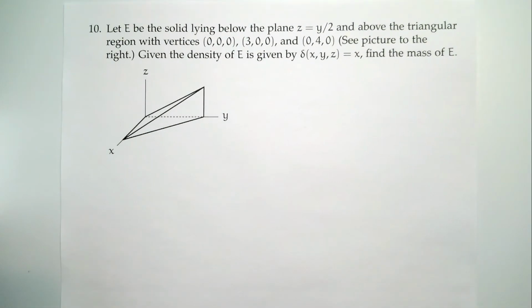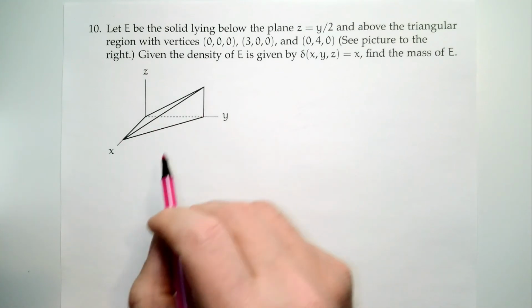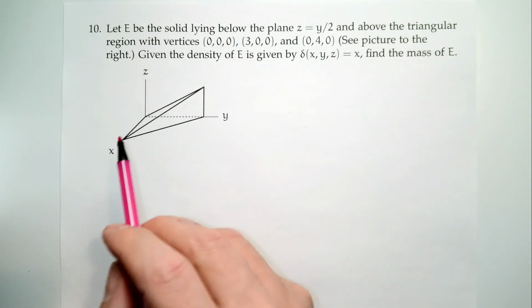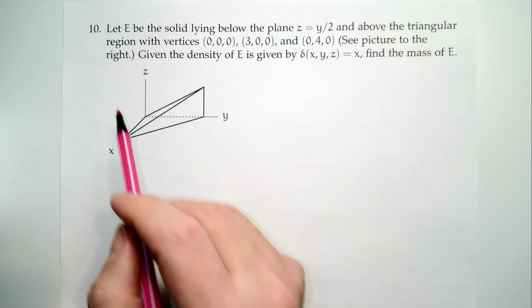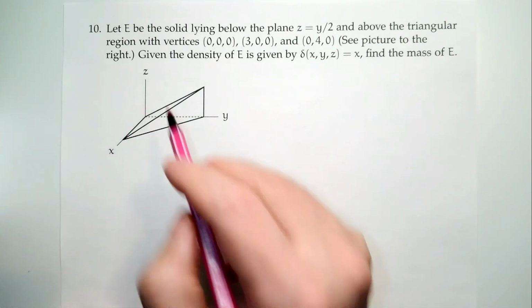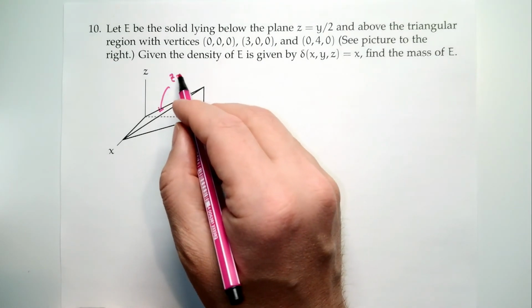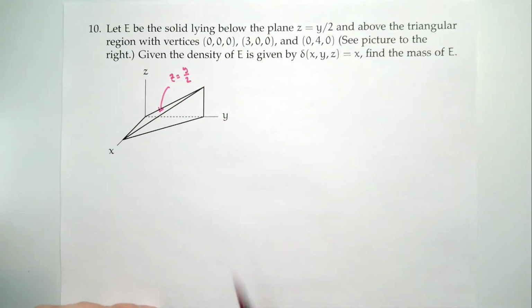Okay, so let E be the solid lying below the plane z equals y over 2. So in case you're wondering where that is in this picture, because this is actually the picture here. And it says to the right, but that's because that's a typo. It really should be see the picture to the below. But okay. So this is z equals y over 2.